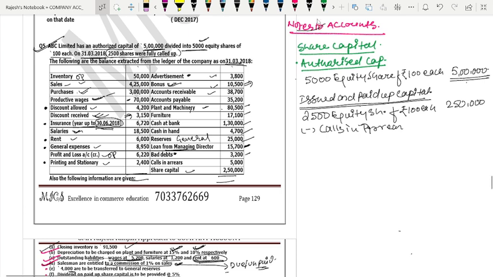Calls in arrear is 5,000, so 2,45,000. Completed. Next notes is reserve and surplus.